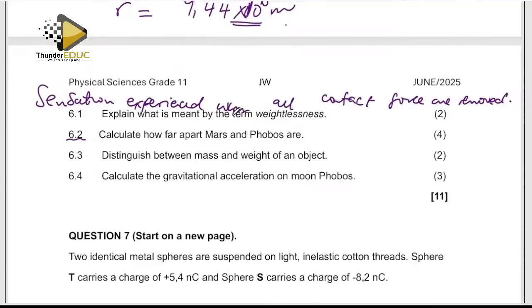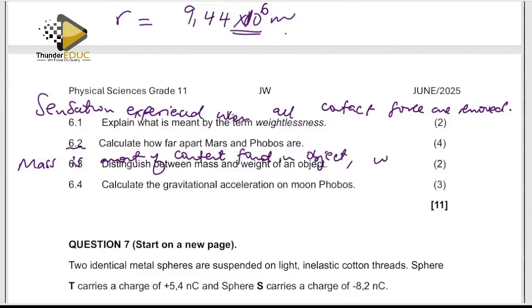Okay, then distinguish between mass and weight. Some people confuse the two. So we know that mass is the amount of content that will be found in an object.